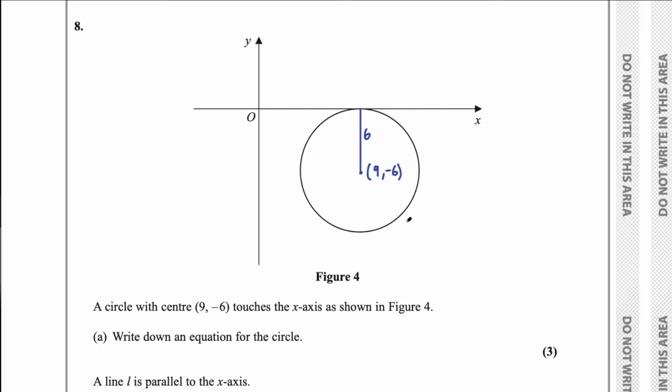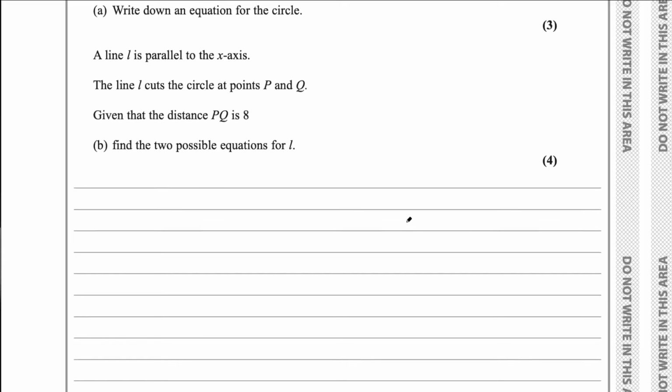We have the center, and therefore we can write down the equation of a circle as long as we know the general equation of a circle, which is x take h all squared plus y take k all squared equals the radius squared. And here the center equals h, k, and r represents the radius.